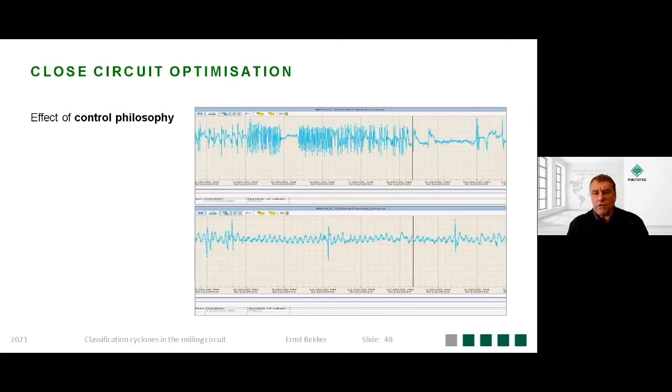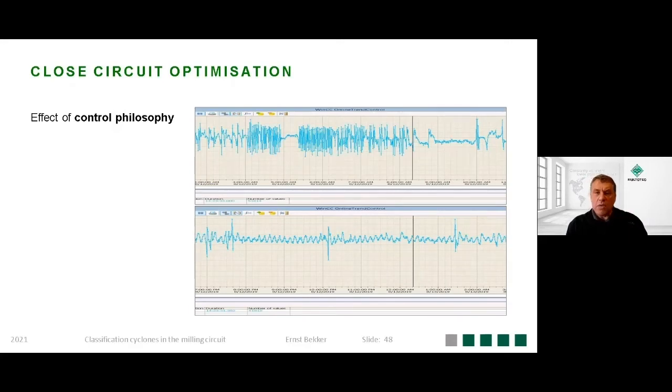Then the control philosophy. In this example, the plant was controlling on slurry density, and there was incoming volumetric flow rate from a different circuit, and that resulted then in spikes in the flow control to the cyclone and operating pressure. The result was that sometimes the cyclones will experience maximum flow.